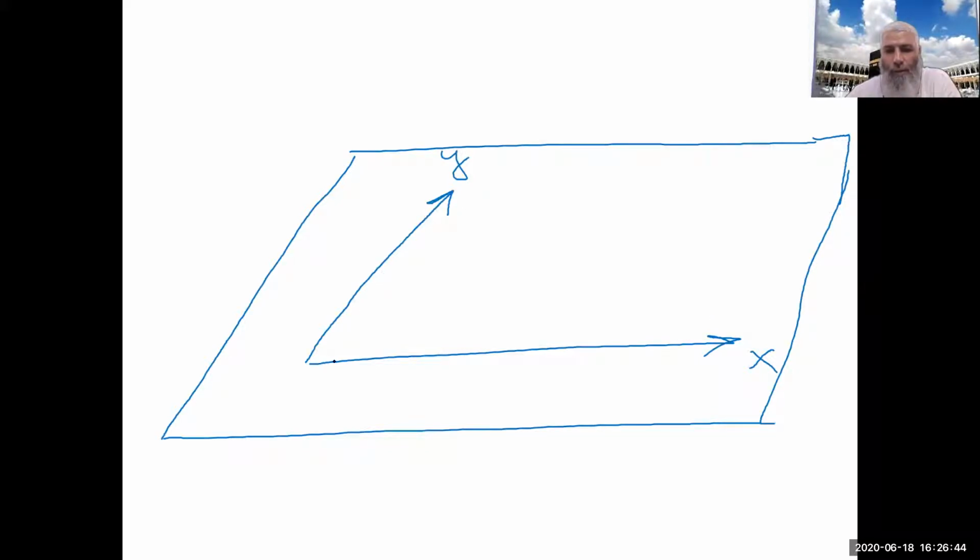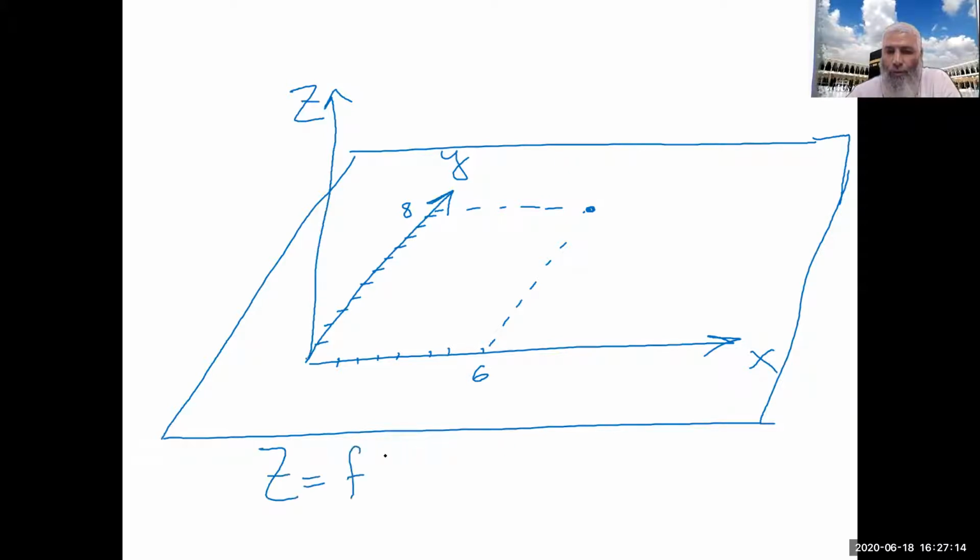Let's say any point x is 6, and let's say y is 8. So the point is here. And z is the third axis. This is z. So z is a function of x and y.